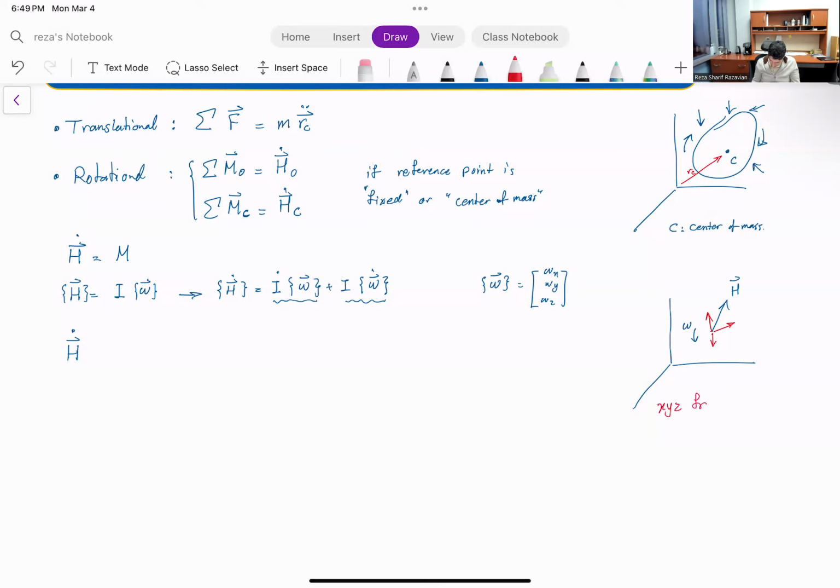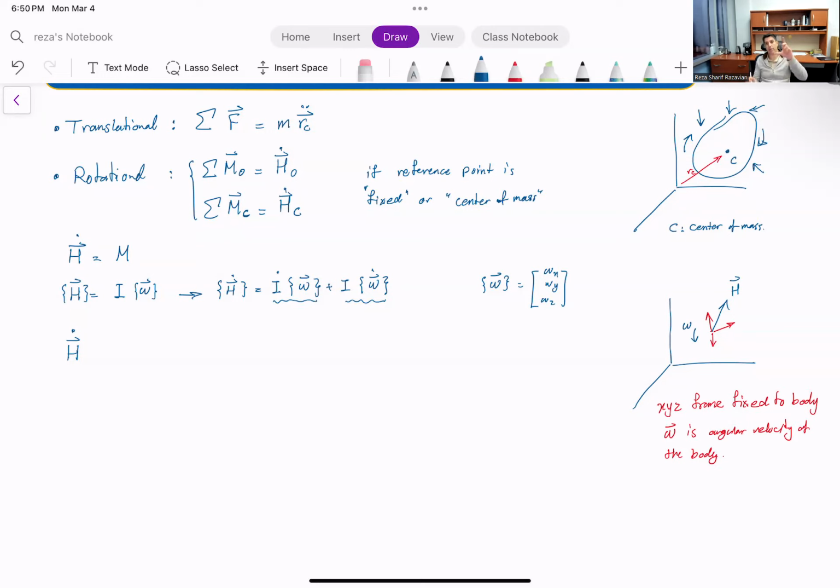XYZ frame fixed to body. So it's a body fixed frame, and omega is the angular velocity of the body. So the frame and the body move with the same angular velocity.